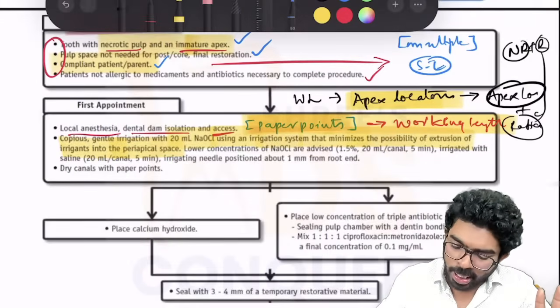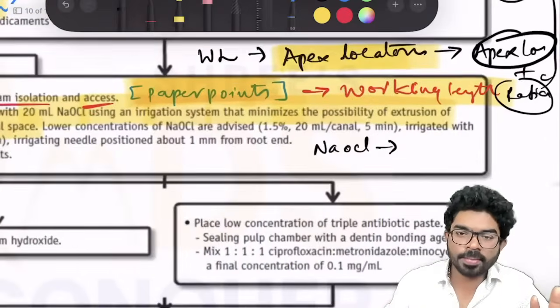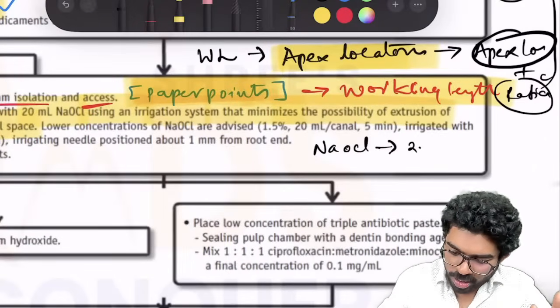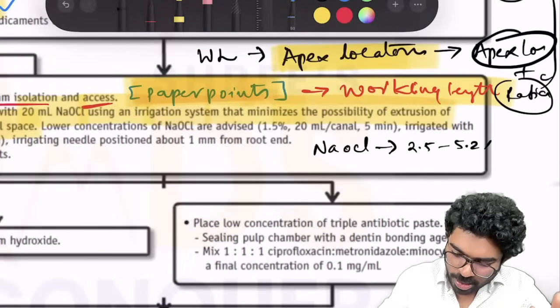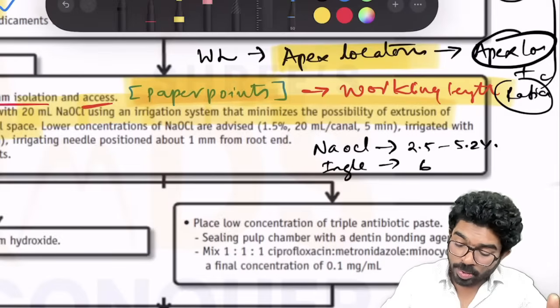NaOCl is the most common irrigation solution used, and the range is 2.5 to 5.2 percent. According to Engel, it is 6 percent.